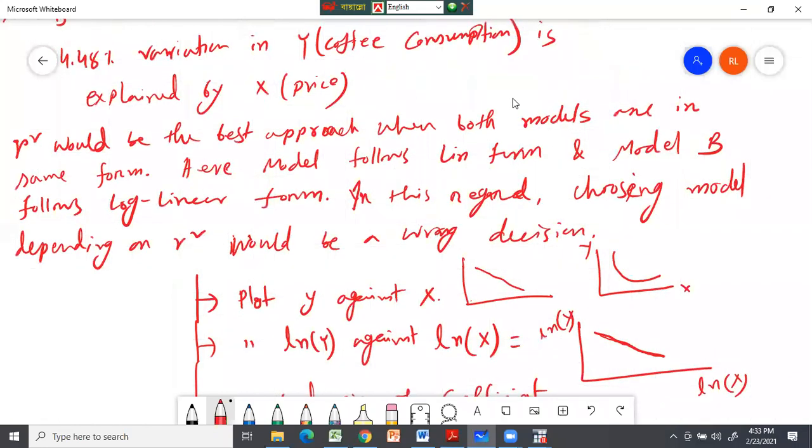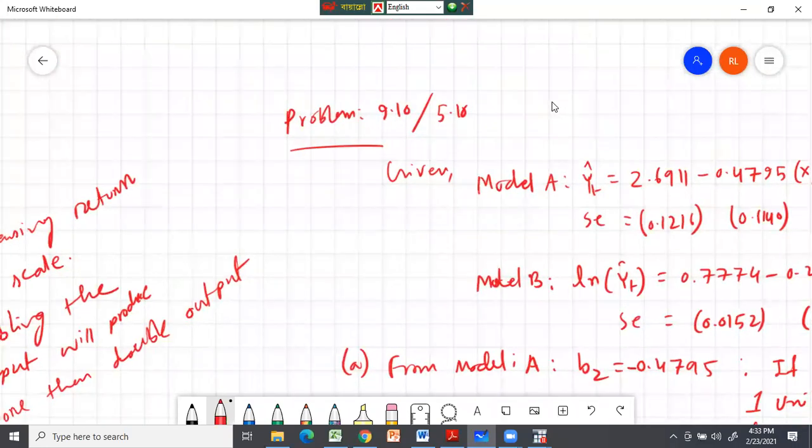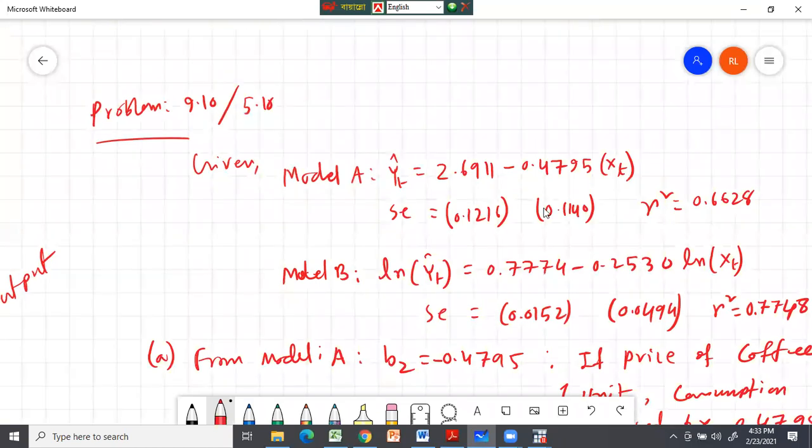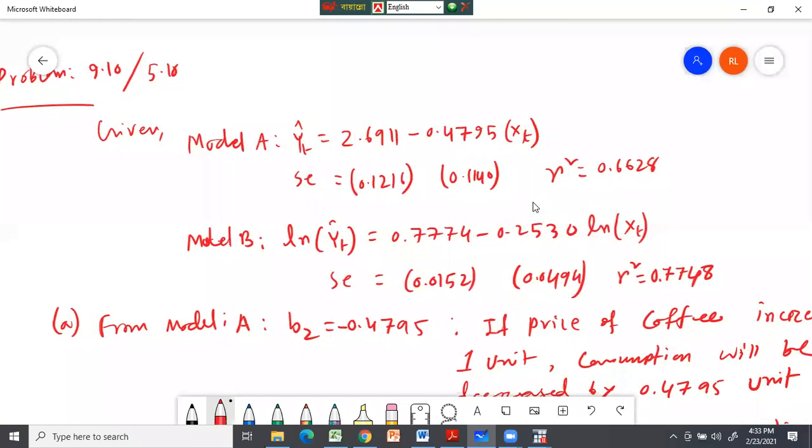You have to justify whether the coefficients, the slope coefficient from model A and the elasticity coefficient from model B, are both statistically significant or not. And how do we know statistical significance? Using what? The t-test.